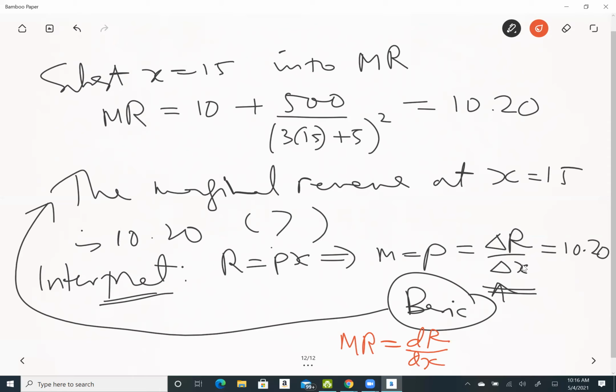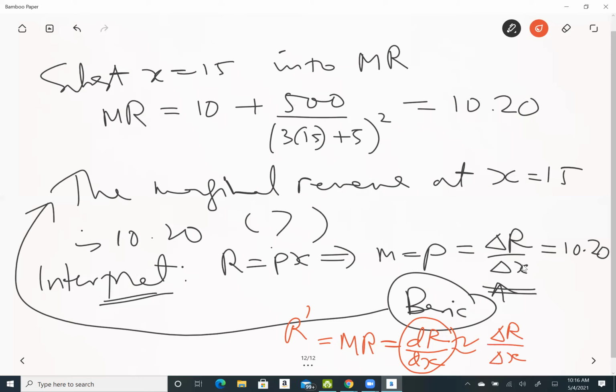Another notation for the marginal revenue is dR/dx, or you can use R prime. But in order to interpret it, you have to look at dR/dx as the ratio of the change, delta R over delta X.